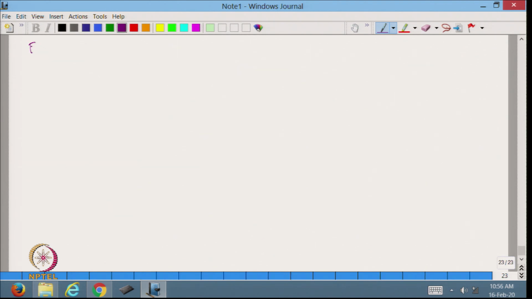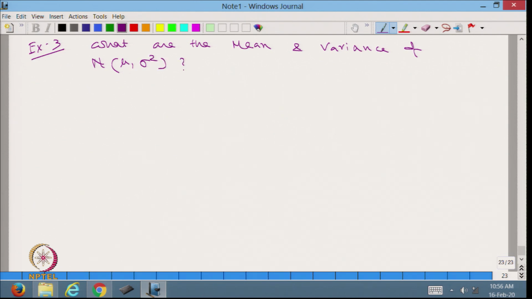So, example 3, what are the mean and variance of normal mu comma sigma square? So, we understand that the mean is going to be mu and variance is going to be sigma square. Let us compute them.